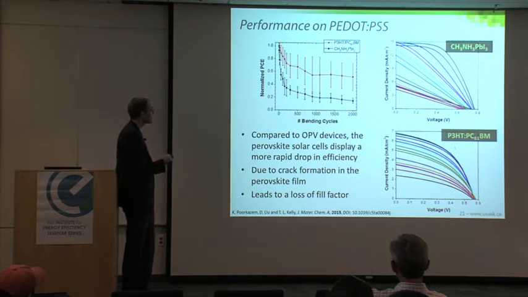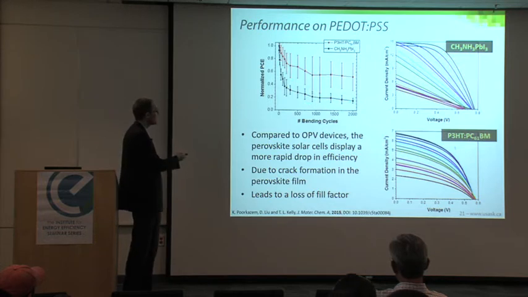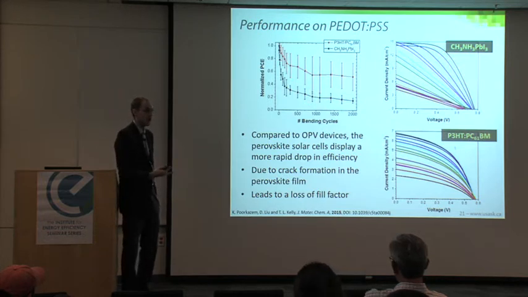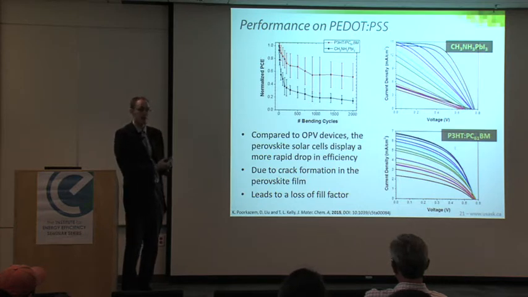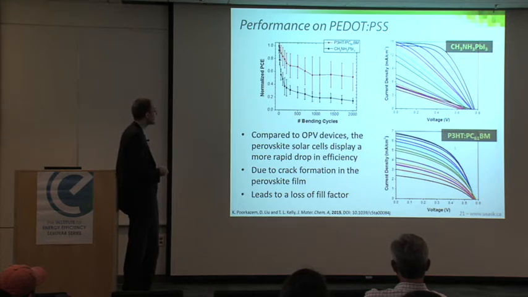And so compared to organic materials, and for anyone who works on organics, this is really good news, the perovskite really can't compete in applications where repeated mechanical fatigue is likely to be an issue because you're simply going to crack that perovskite film. We did these on 9 separate devices.